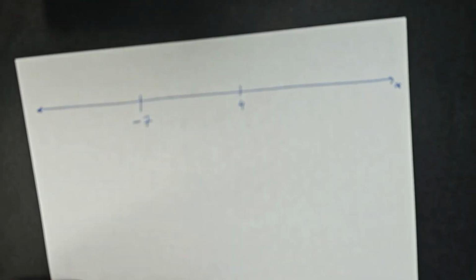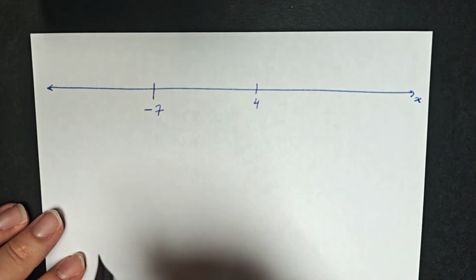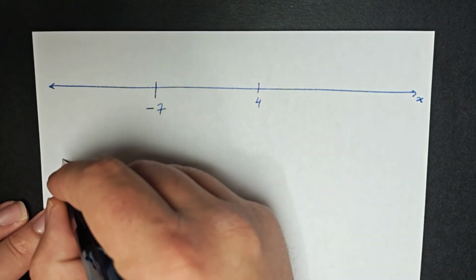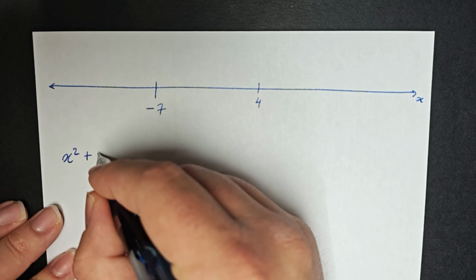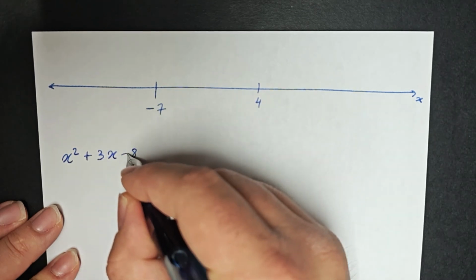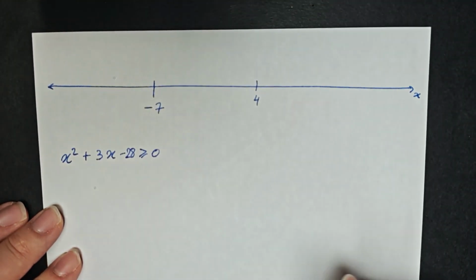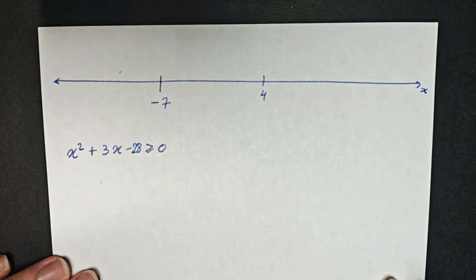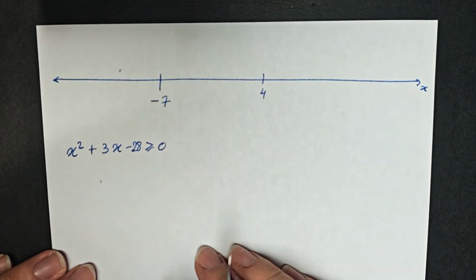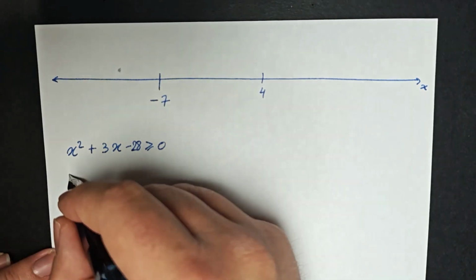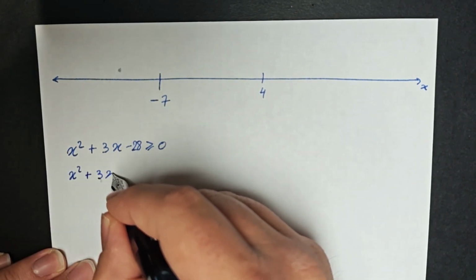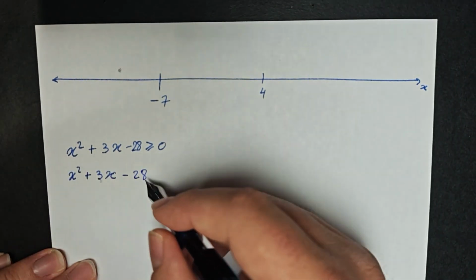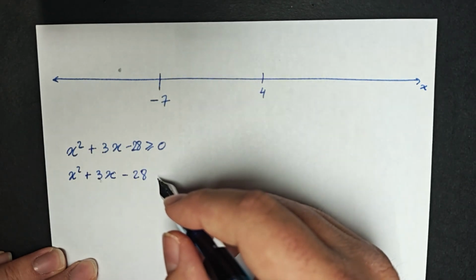We are going to determine that by observing our quadratic inequality. X squared plus 3x minus 28 has to be larger or equal to 0. We know that this quadratic polynomial, x squared plus 3x minus 28, has 2 real zeros.